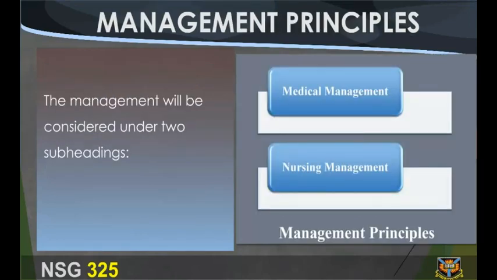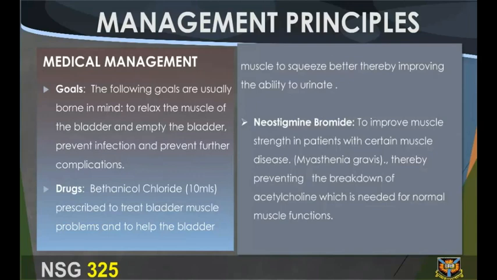Management principles. The management will be considered under two subheadings: medical management and nursing management. Medical management goals. The following goals are usually borne in mind: to relax the muscle of the bladder and empty the bladder, prevent infection, and prevent further complications.